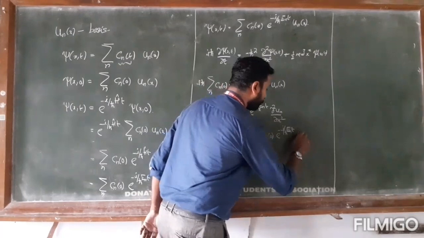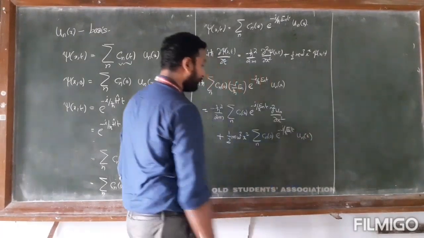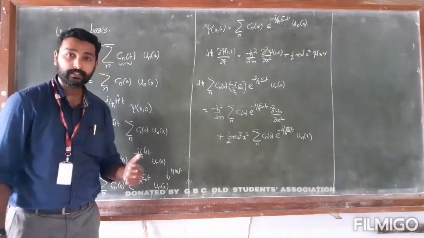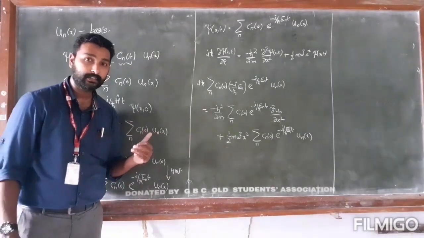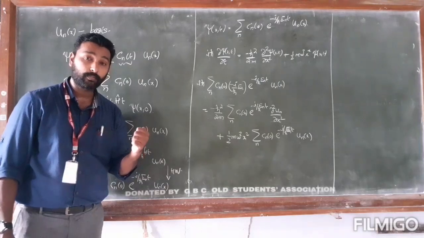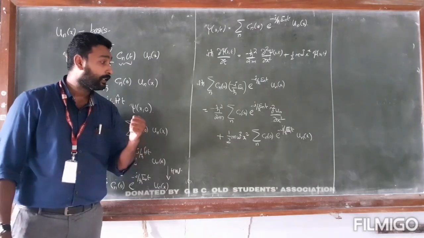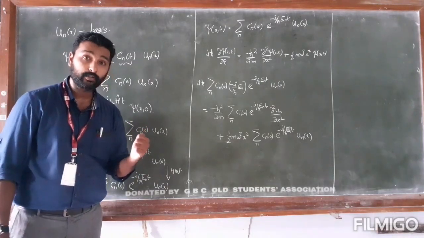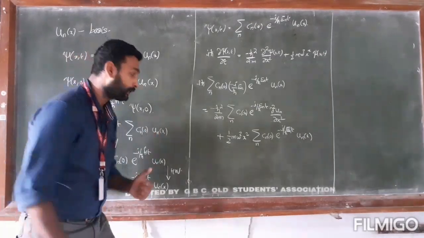Now recall again, un of x are the eigenfunctions of the Hamiltonian operator. Therefore un of x should possess orthogonality. That is, the eigenfunctions corresponding to different eigenvalues should be orthogonal.